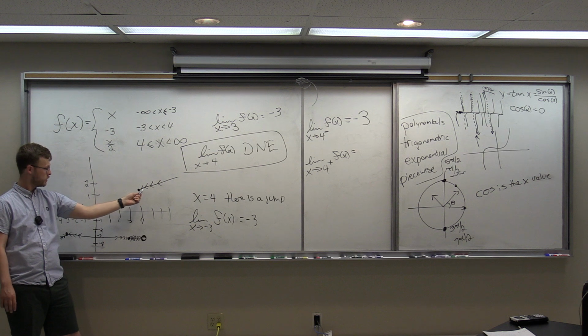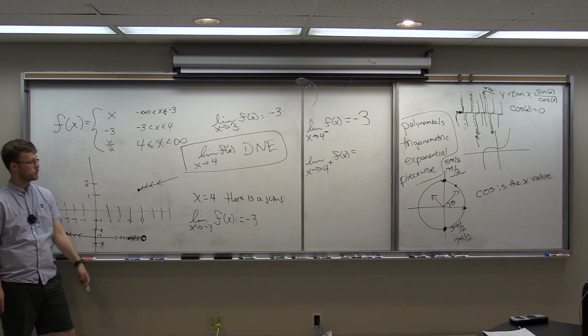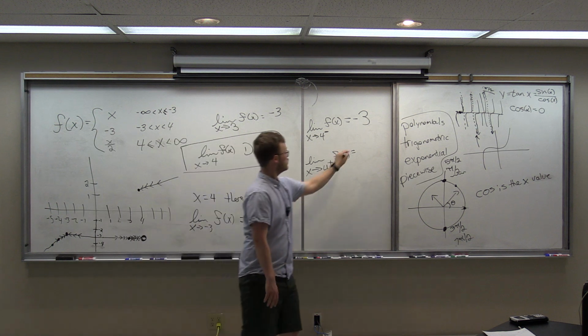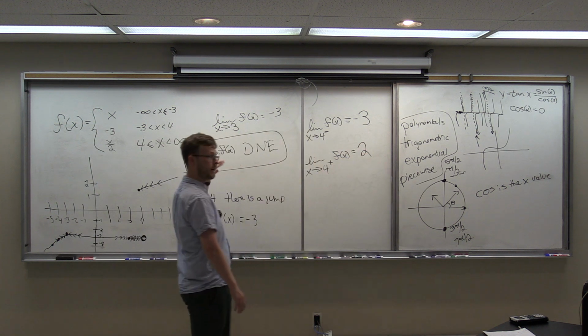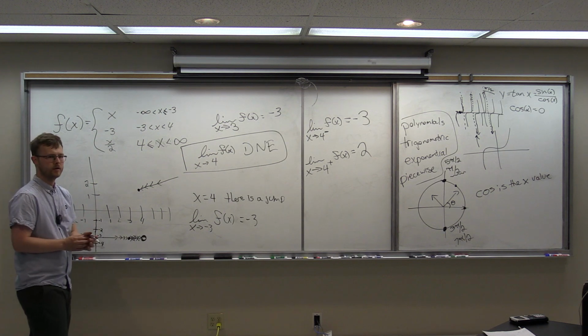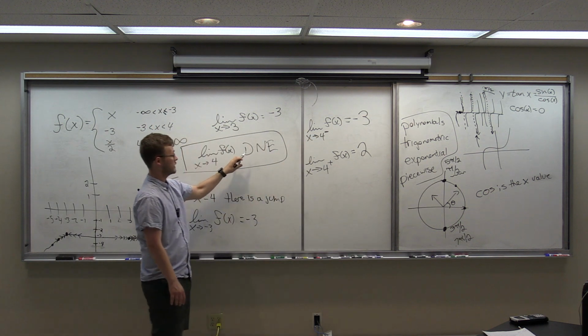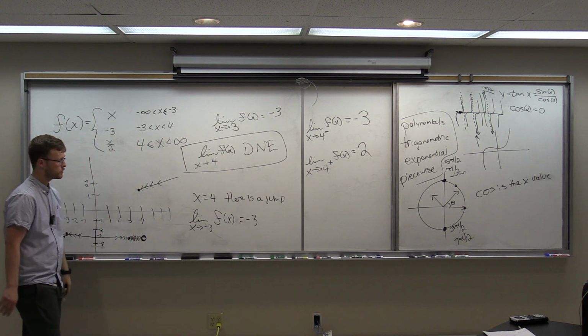I get closer and closer to x equals 4, and as I approach, I am clearly approaching this dot that appears at x equals 4, y equals 2. So the two limits, the left side limit and the right side limit, both exist. They're approaching values, but they're not approaching the same value. So we say that they exist, but since they don't agree, this limit does not exist.